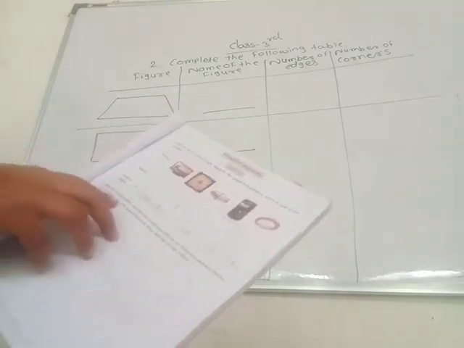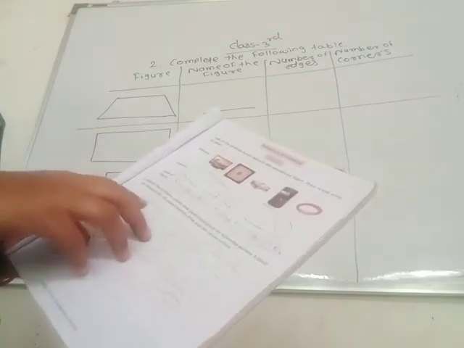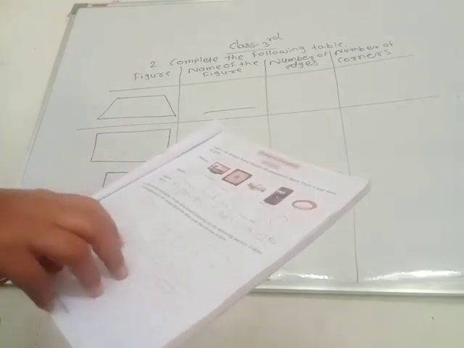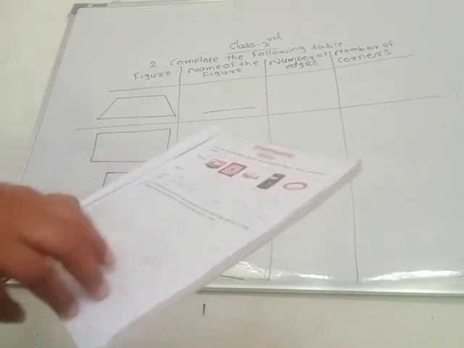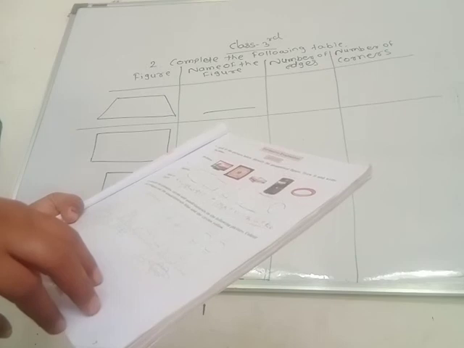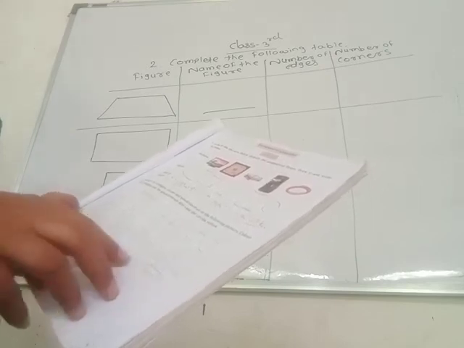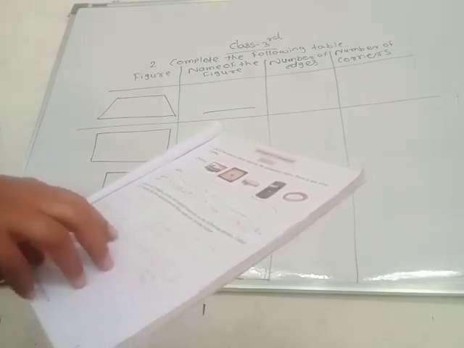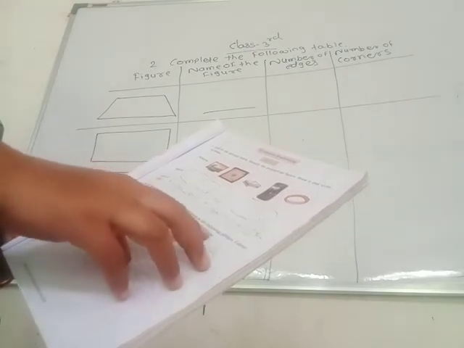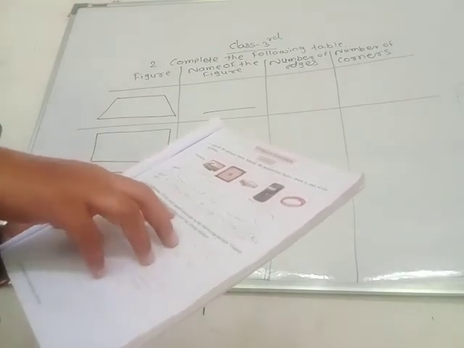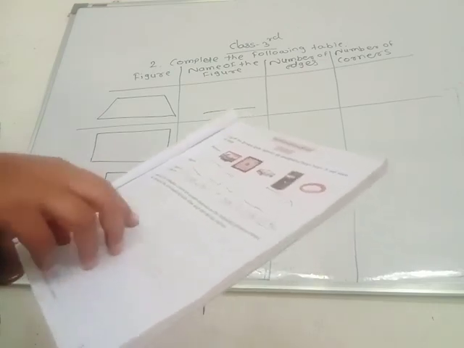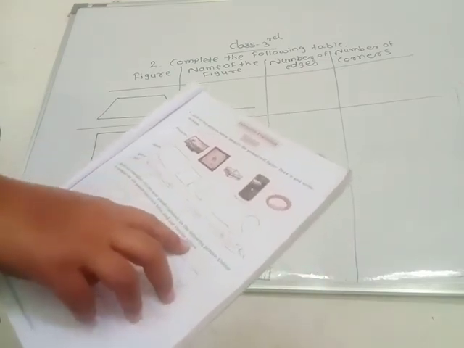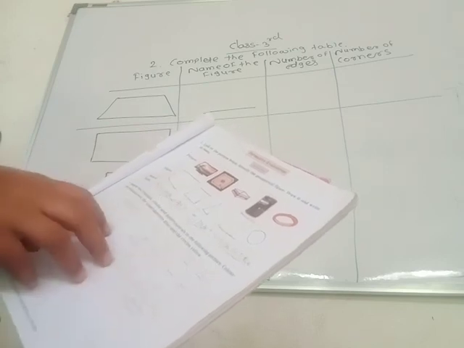Color the triangles red. Then quadrilaterals, color them blue. And the circles, color them yellow. Then in homework you complete this.